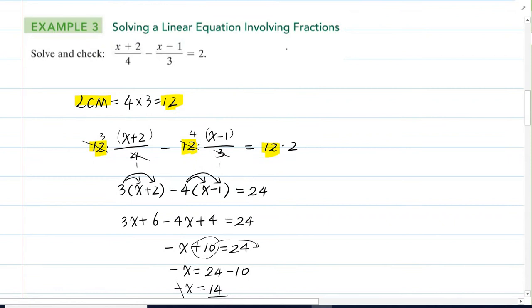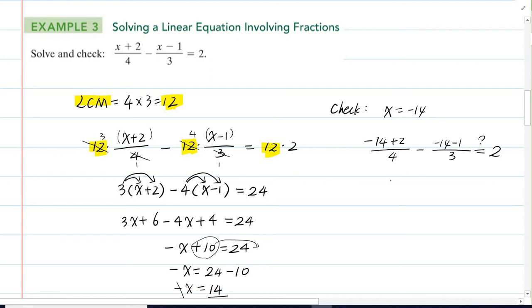Now let's check the answer really quick. We got x equal to negative 14. We plug it back into the original equation. We have negative 14 plus 2 over 4, subtract negative 14 minus 1 over 3. Then you want to check, does it give you 2? Here we're doing mental math.